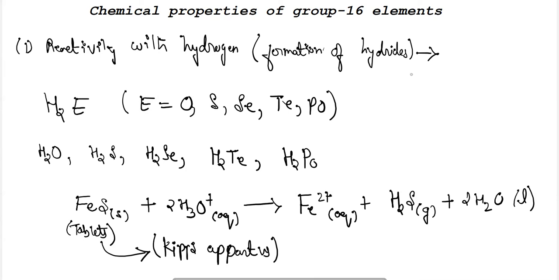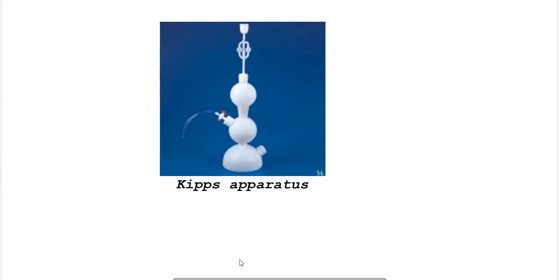Kipp's apparatus looks something like this; I am showing you a picture of Kipp's apparatus. Okay, this is the Kipp's apparatus. You can see this apparatus in our laboratory also. When we do the practicals, this Kipp's apparatus will be used. From this funnel-like structure, it can be easily filled.